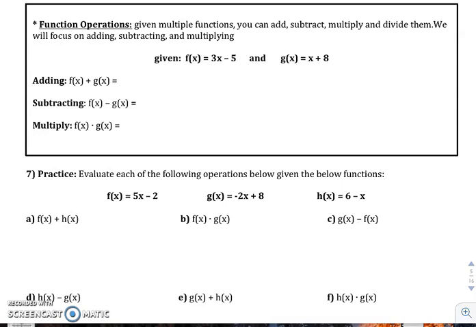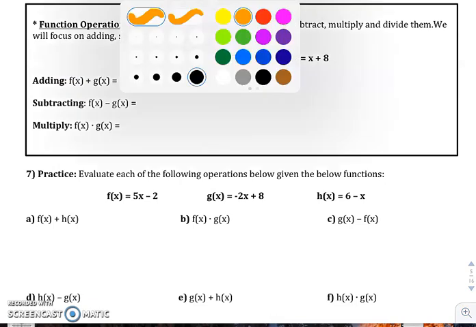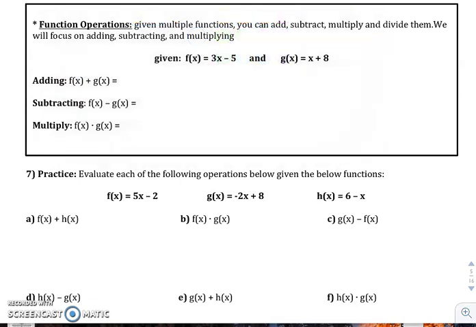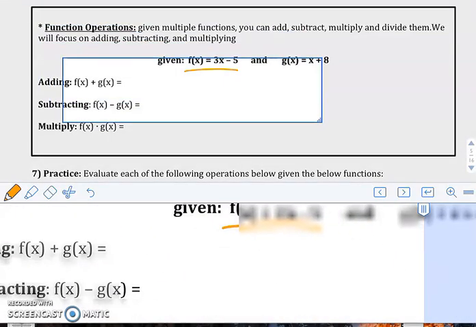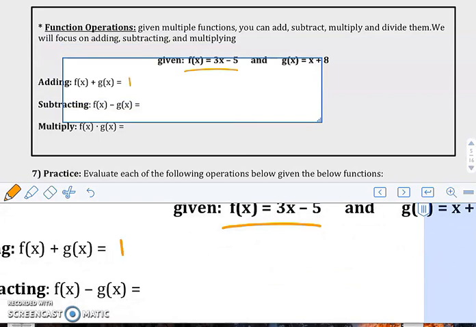Other than that, you just perform the operation. So if it's telling you to add f of x plus g of x, you're going to take the f function, which is 3x minus 5. And I'm going to put that in parentheses.